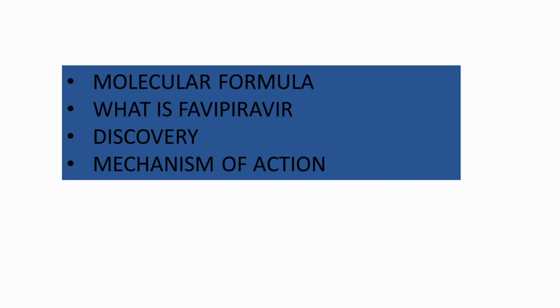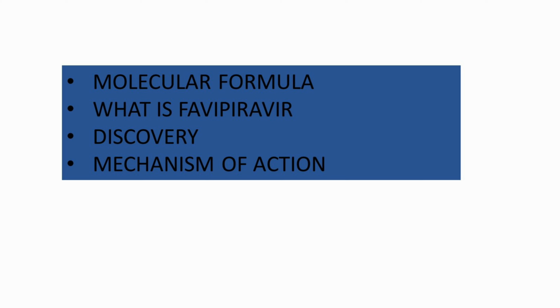Several hypotheses are there to explain how favipiravir RTP interacts with RNA dependent RNA polymerase. Some studies have shown that when favipiravir RTP is incorporated into the nascent RNA strand, it prevents RNA strand elongation and viral proliferation.